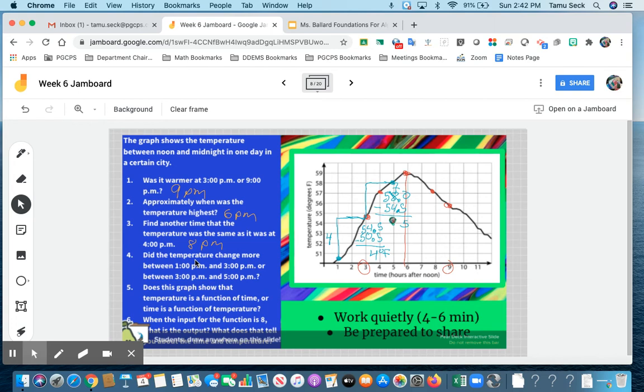So this is 3.5 degrees. So what the question is asking is, when did the temperature change more? So the temperature changed more between 1 and 3 p.m.